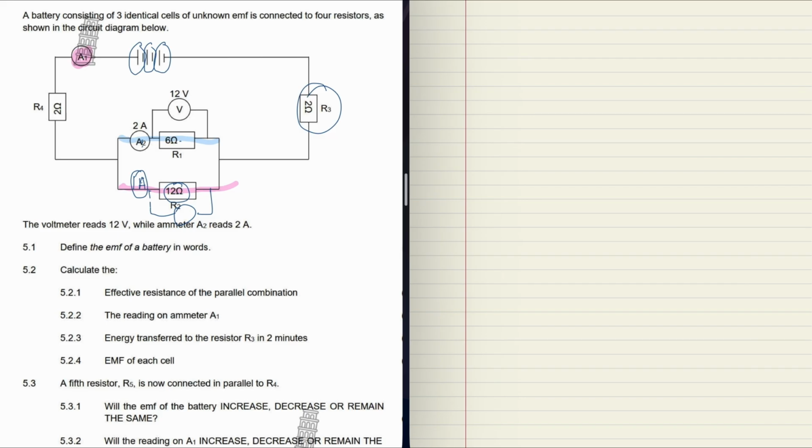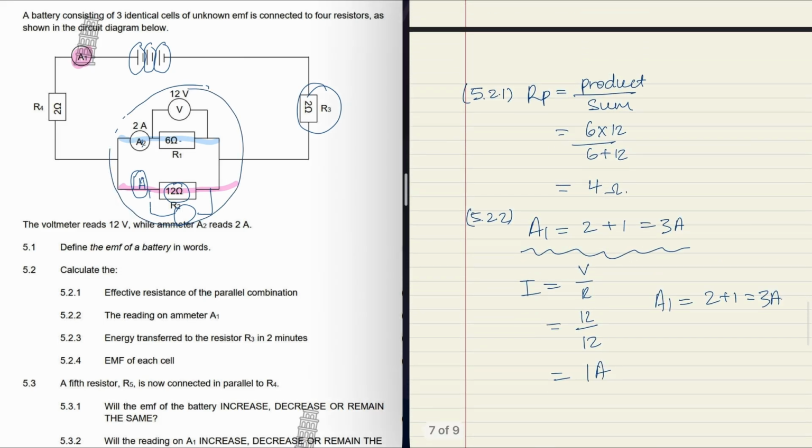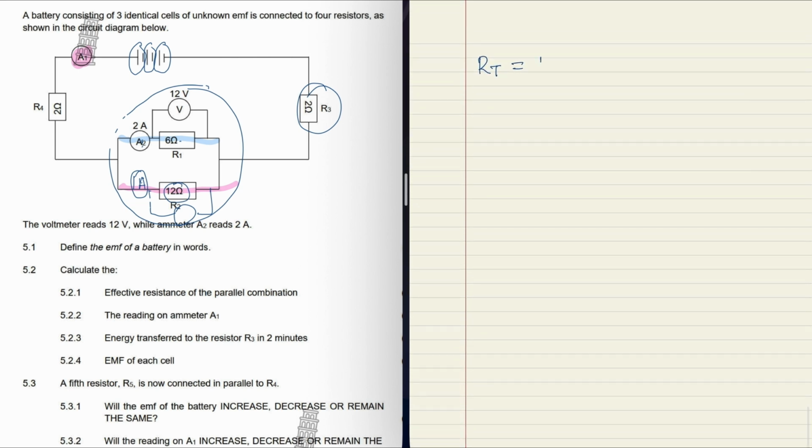So we can say the total resistance is going to equal, well, we calculated the parallel combination as 4. So R total is equal to R parallel plus R series.